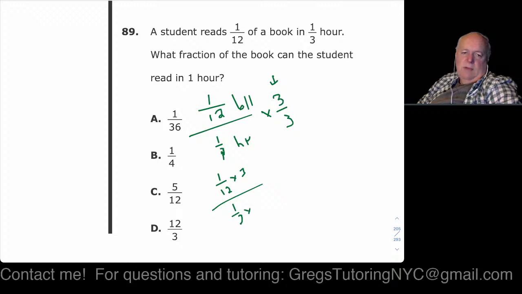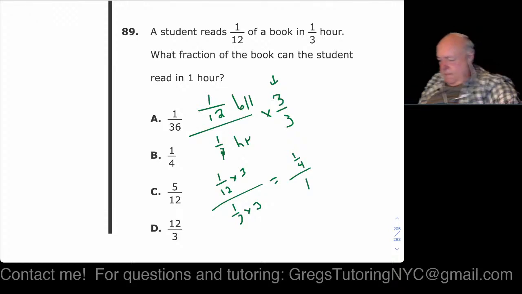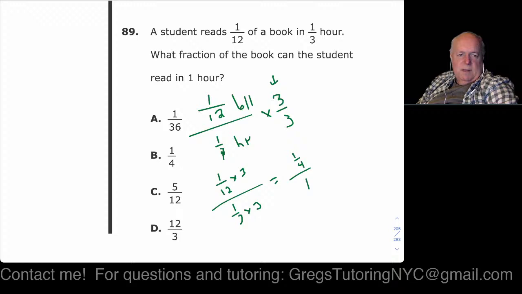And that would give us 4. No, sorry. That would give us 1/4 over, and the bottom just cancels out to 1. All right, let me get rid of that thing there because it looks like I don't want anybody to think it's a sign. Okay, so that would just straight up give us B.